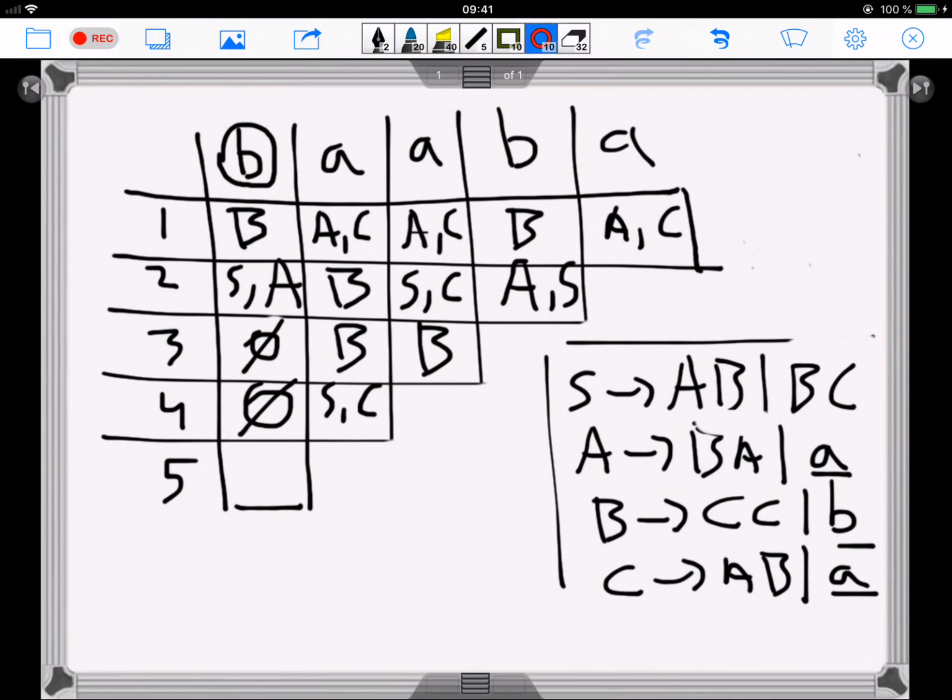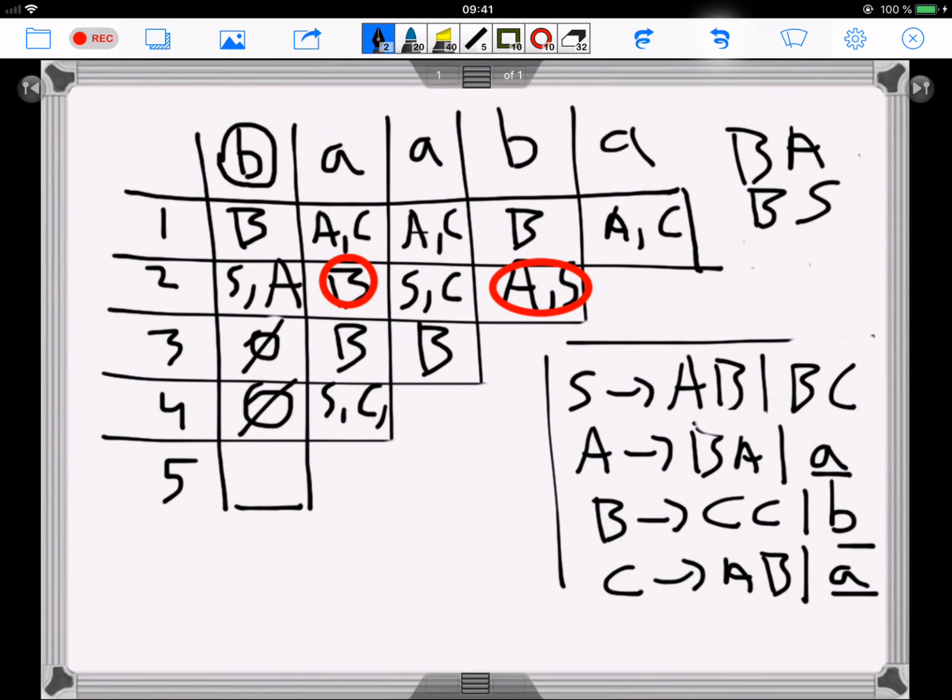The other possibilities are B together with AS, that will give us BA or BS, and then we also need to include here A. Okay, we also need to include that. We need also to include A there. Okay, and the last possibility. Oh, sorry.